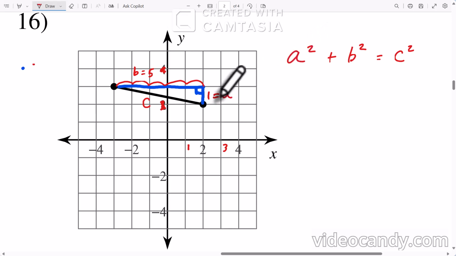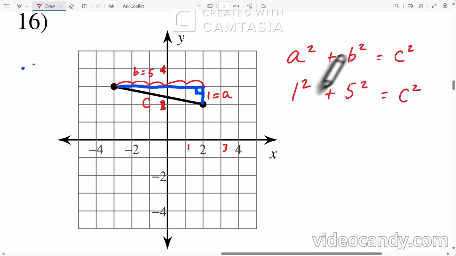In place of A, I'm going to put 1, so A squared is going to be 1 squared. In place of B, I'm going to put 5, so B squared is 5 squared. And that equals C squared. Now, again, you could multiply and add these out.